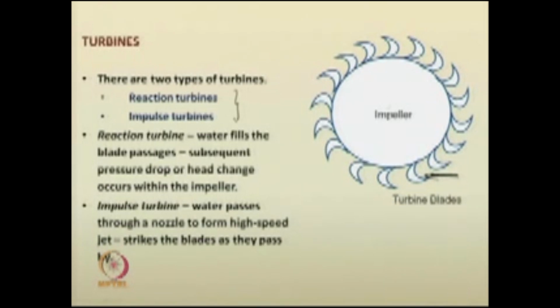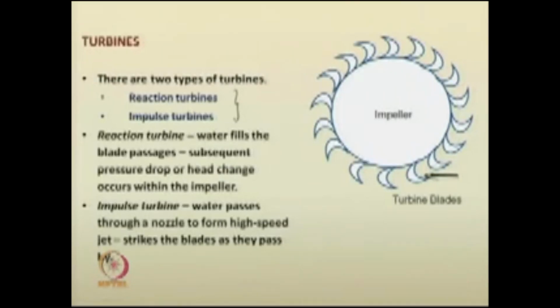If this wheel is mounted on a shaft, it can run some machines, you can generate energy, or it is used for rotating some device. That is the objective here. So, in an impulse turbine, water passes through a nozzle, and the high speed jet is transmitted to the blades.